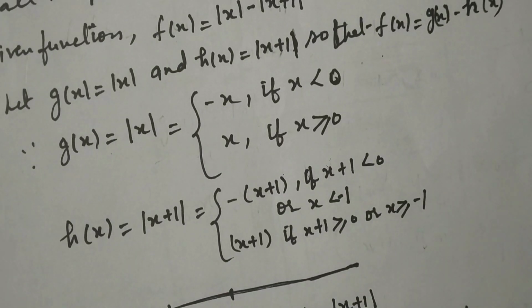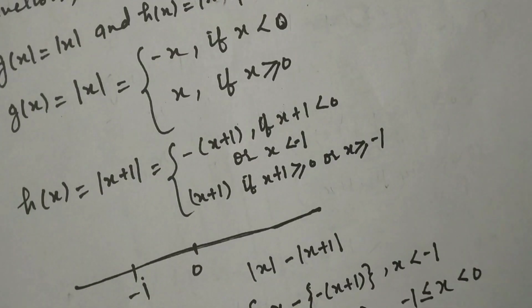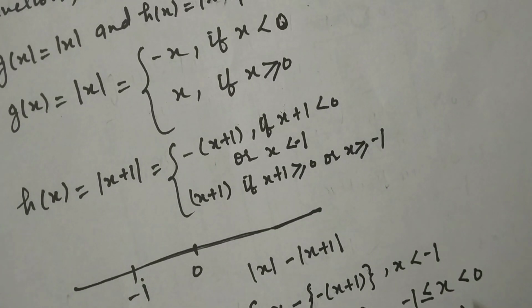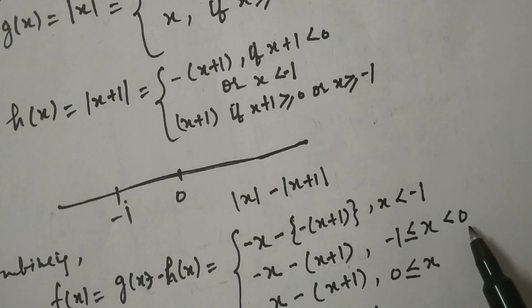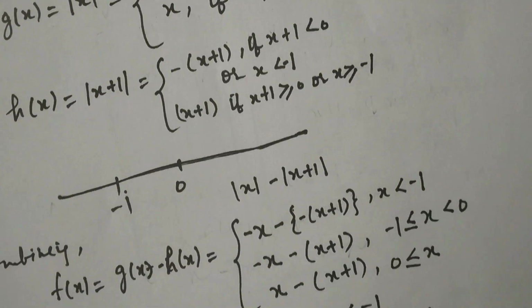So g(x) is minus x now, and h(x) is x plus 1, and I write it here: x greater or equal to minus 1 for this interval, and x less than 0.